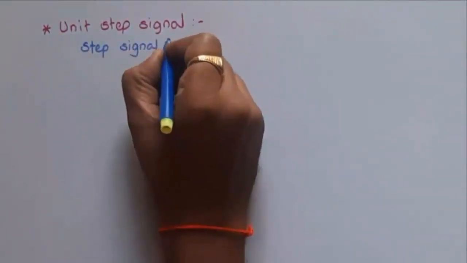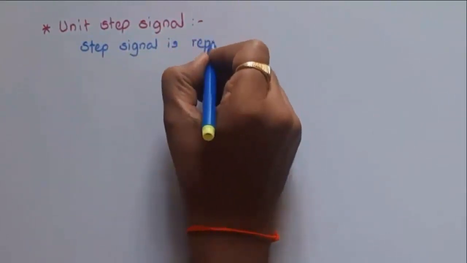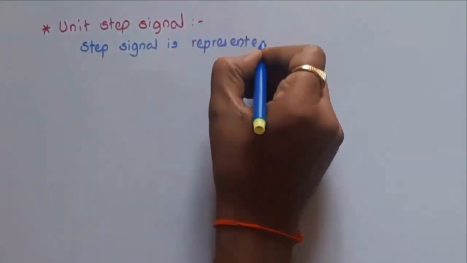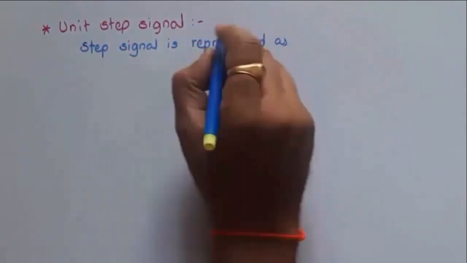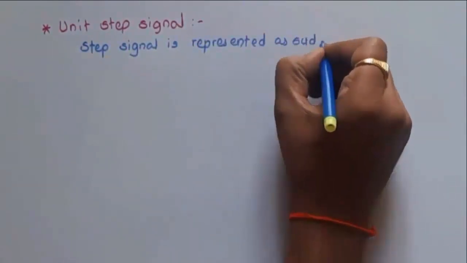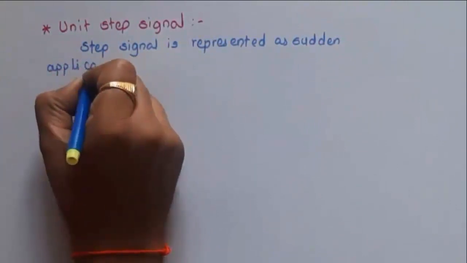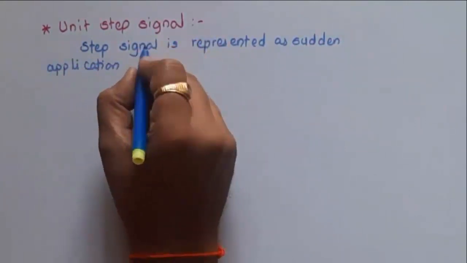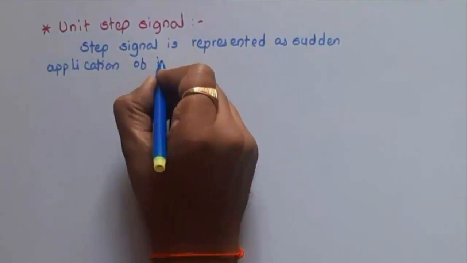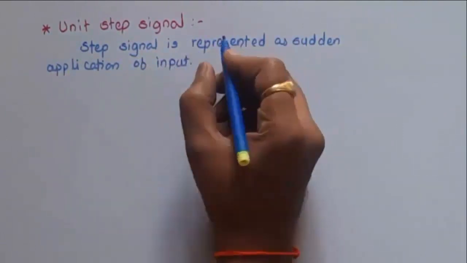Step signal is represented as sudden application of input signal. It is used to find how system responds to sudden change in input.